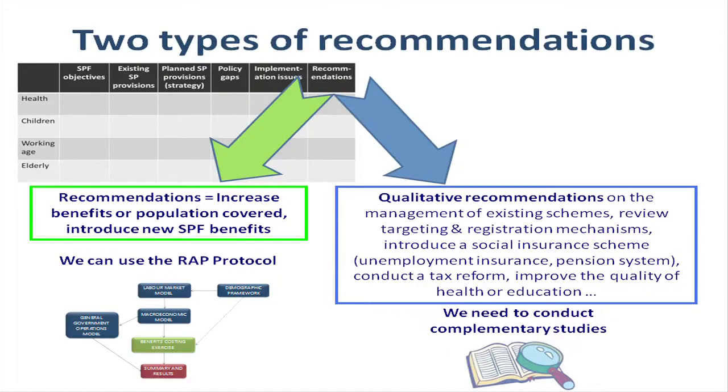Once you have done the description of the schemes, the policy gaps, and implementation issues, then you come up with recommendations. Here, please put all the recommendations that you wish. Qualitative, quantitative, creation of a new scheme, improvement of the supply side for healthcare if you are in a healthcare group, put everything.